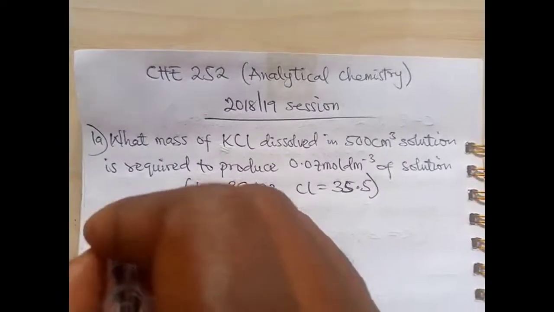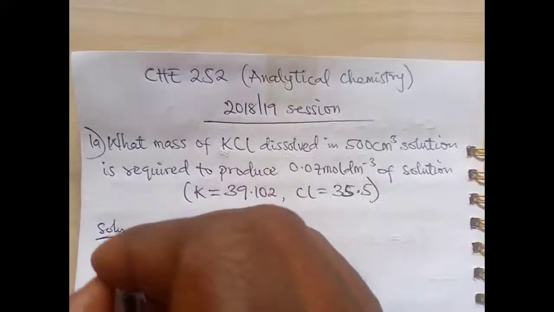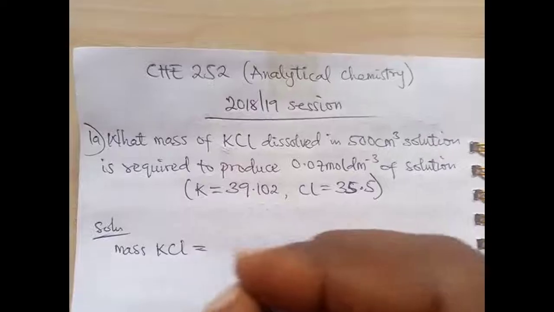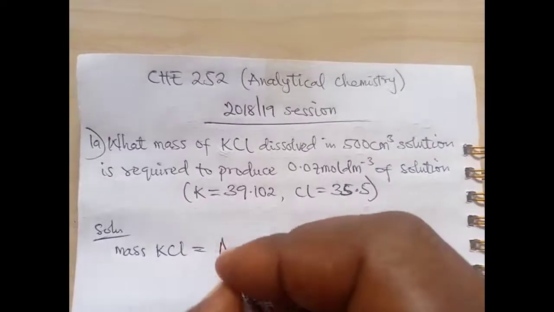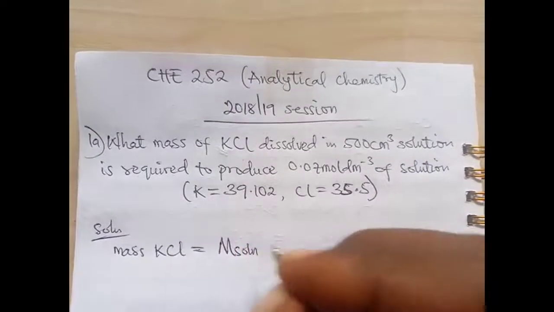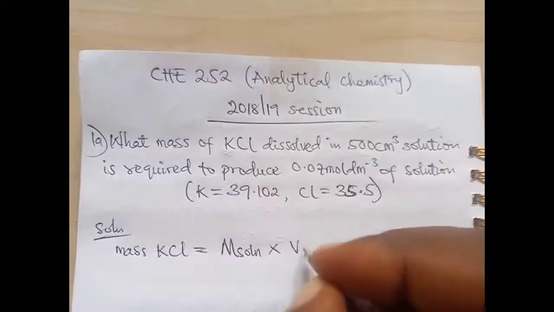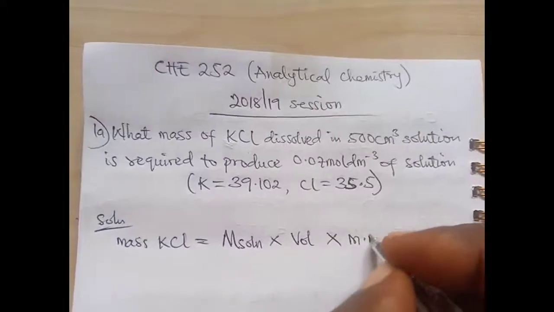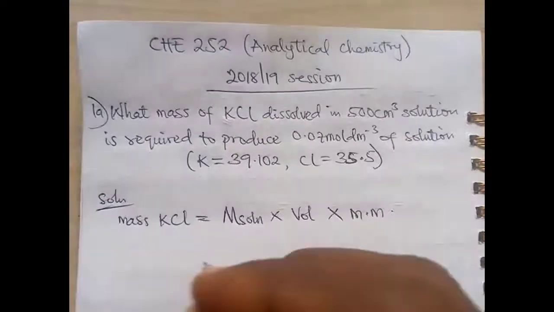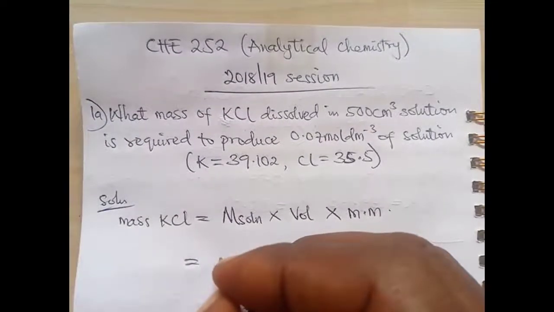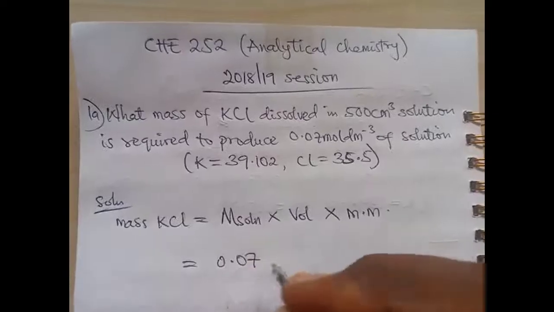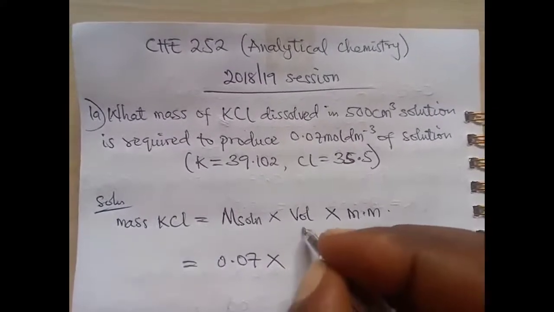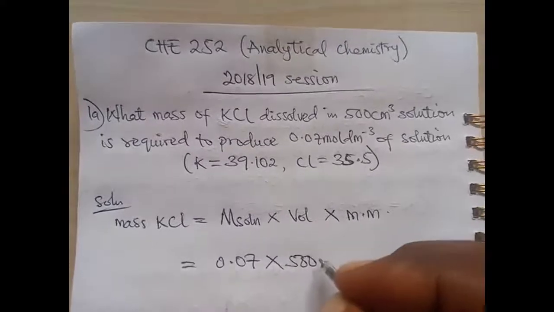For us to solve, we know that the mass of potassium chloride is given as the molarity of the solution times the volume times the molar mass. Now, the molarity given to us in the question is 0.07 times the volume, which is 500, but it needs to be in dm cubed.